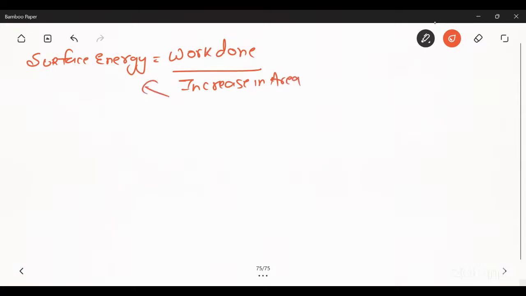So if you cross multiply, you get surface tension times the increase in area, 8 pi r dr, equal to work done. This is equation first.